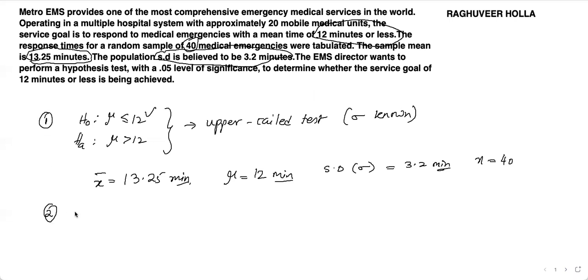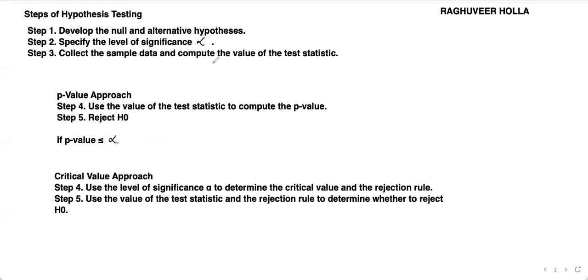Okay, second, alpha, which is 0.05, the level of significance. Now third step is to collect the sample data, and then we have collected it and we'll execute it now.